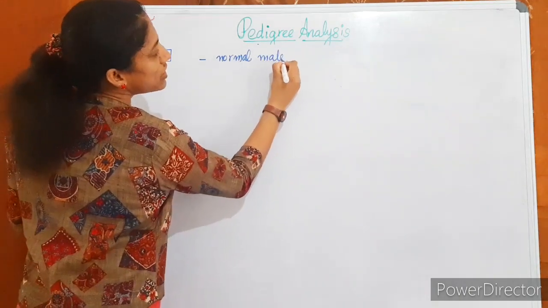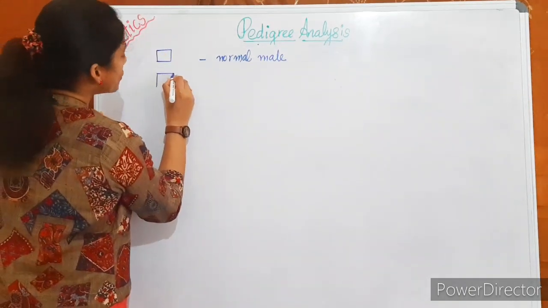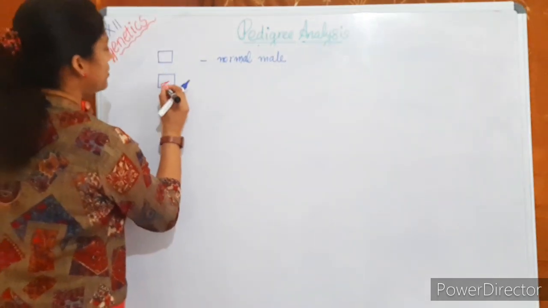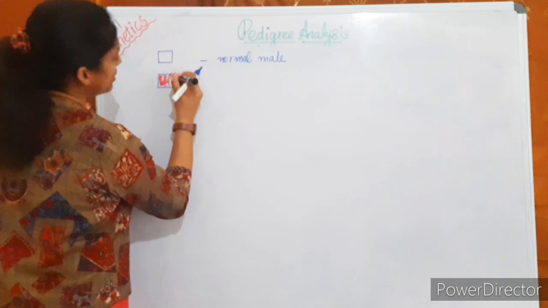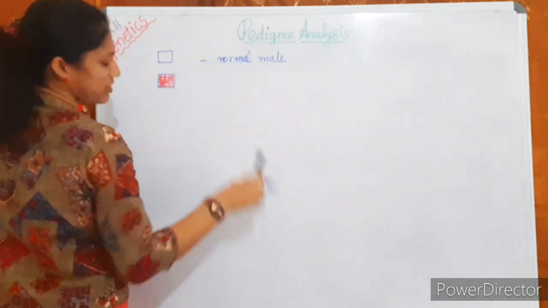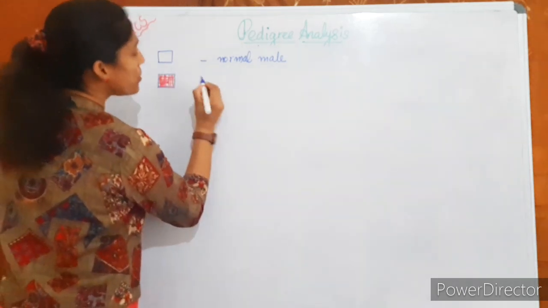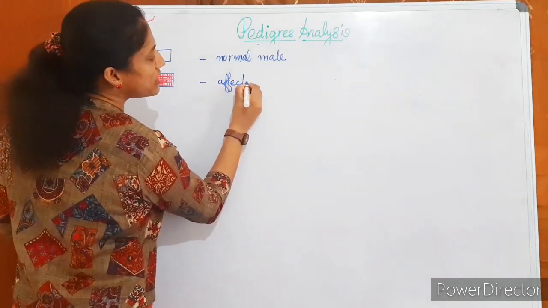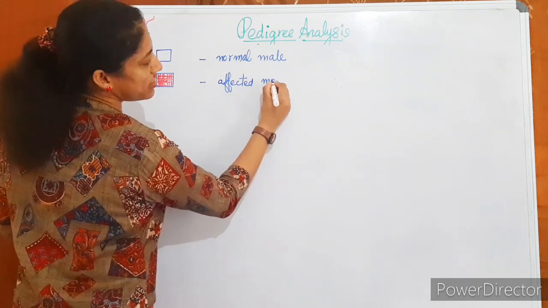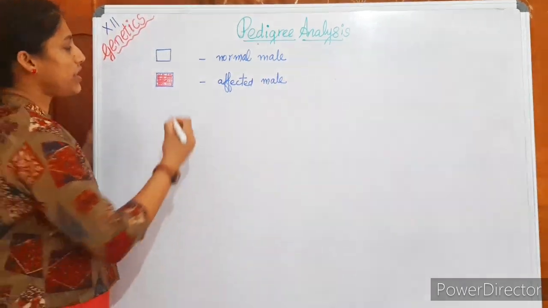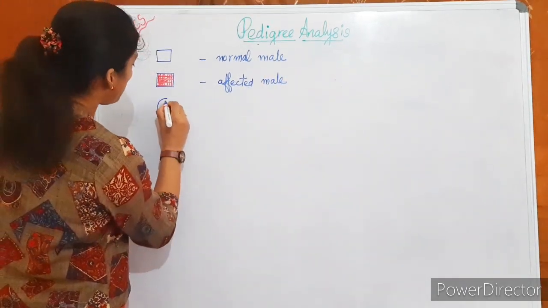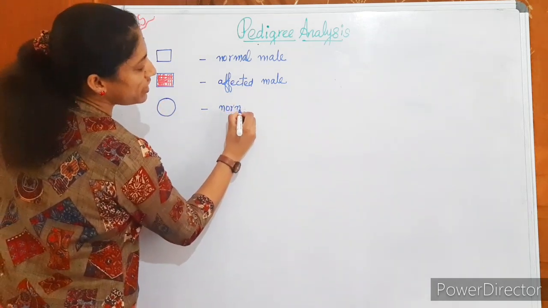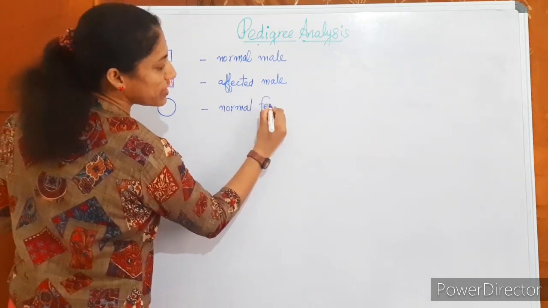If the square is shaded, that means this is an affected male. That means this member shows that trait. If it is diseased, we can call it a diseased male. Then a female is represented by a circle. If it is not shaded, it is a normal female.